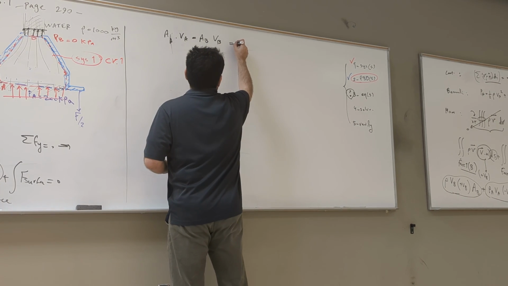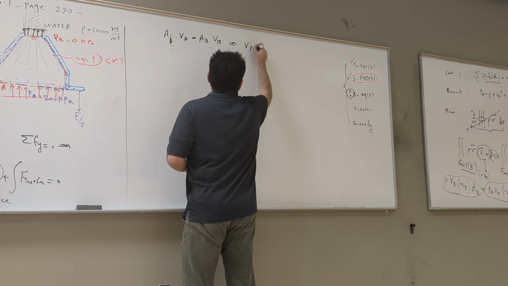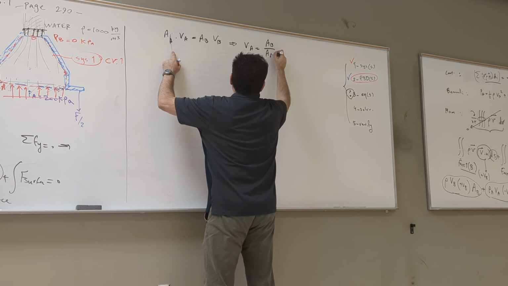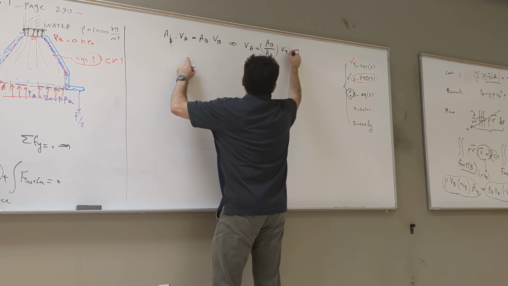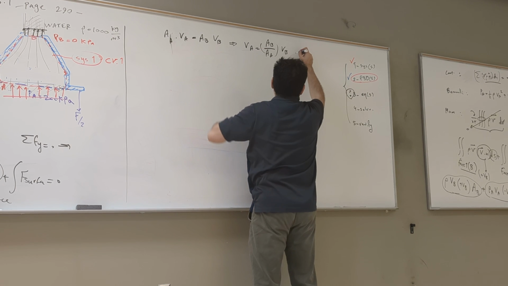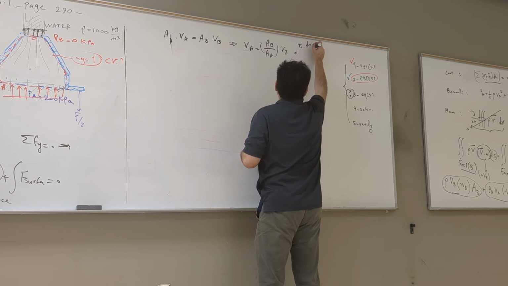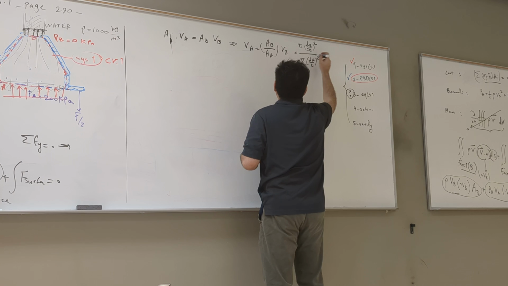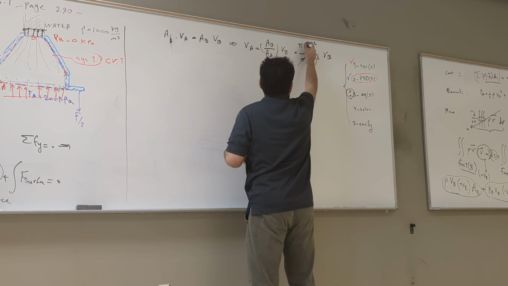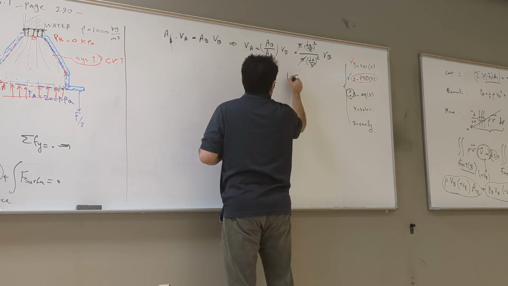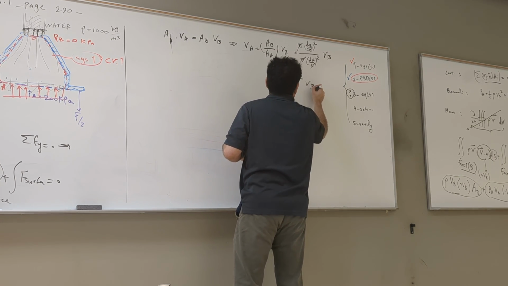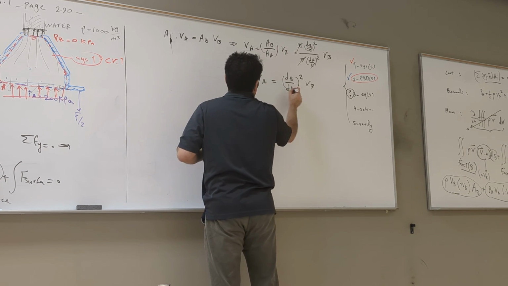So from this equation, you can say VA is equal to the area at B over the area at A times VB. If you put pi dB over 2 squared, pi dA over 2 squared, the pi cancels out, so you get dB over dA squared times VB is equal to VA.